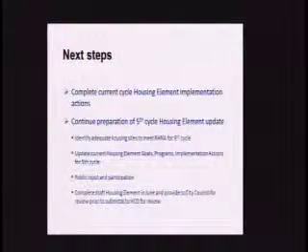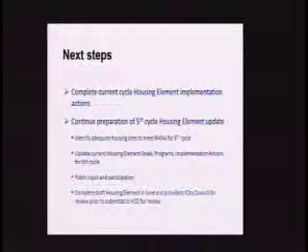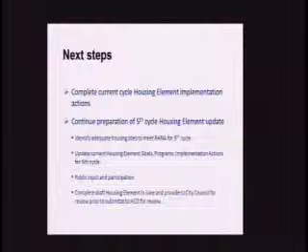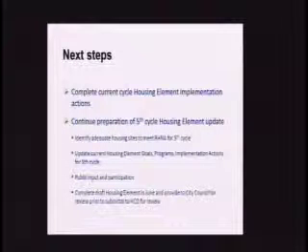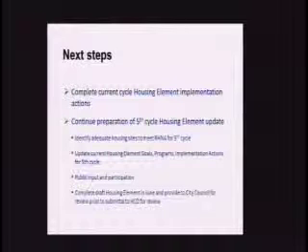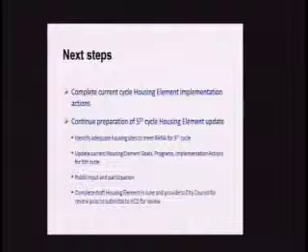So the next steps are, first, to complete the current cycle housing element implementation actions, and that's those 4 zone code amendments that I mentioned. And then continue preparation of the 5th cycle housing element update. I mentioned a couple of these things already: identifying adequate housing sites and updating programs, and public input and participation.